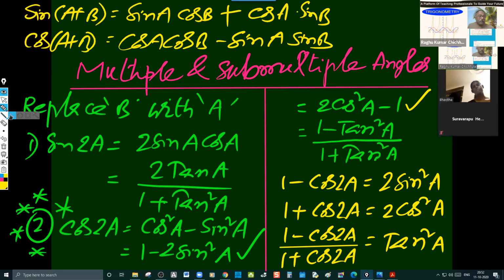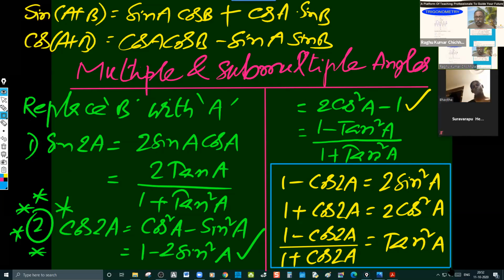So the important part of this cos 2a is that if you know only cos 2a, then you can find out sine a, cos a, and tan a. That means only cos 2a gives you the values of sine a, cos a, and tan a. One more important thing, how we make use of this in calculus.